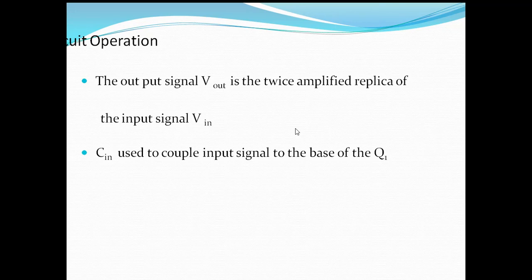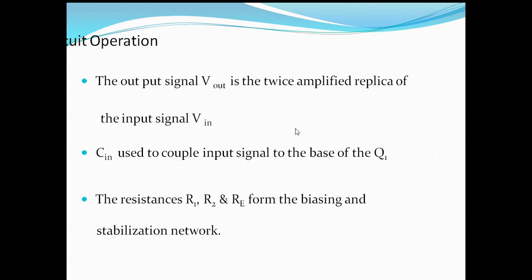Here Cin is used to couple the input signal to the base of Q1. The resistances R1, R2 and Re form the biasing and stabilization network.